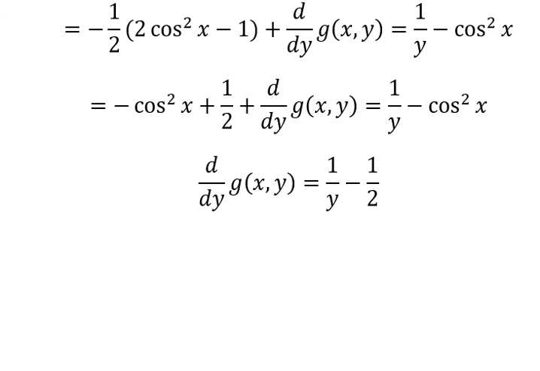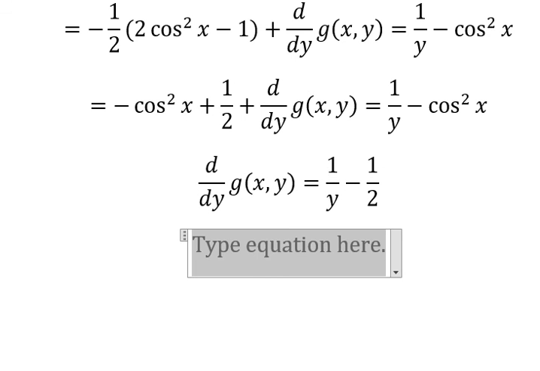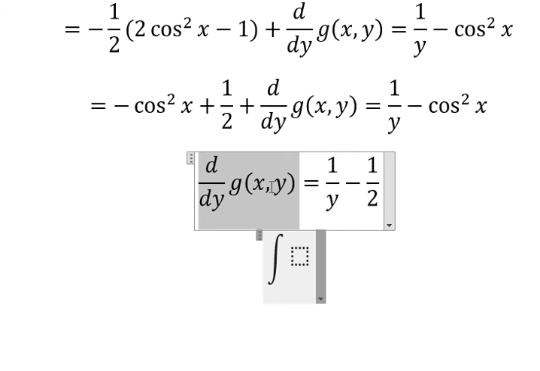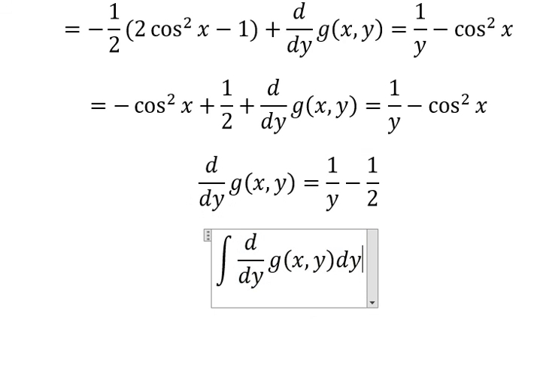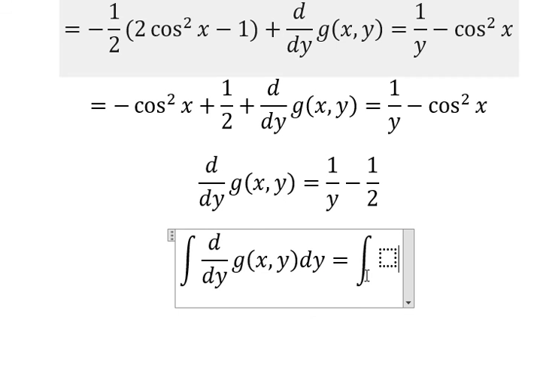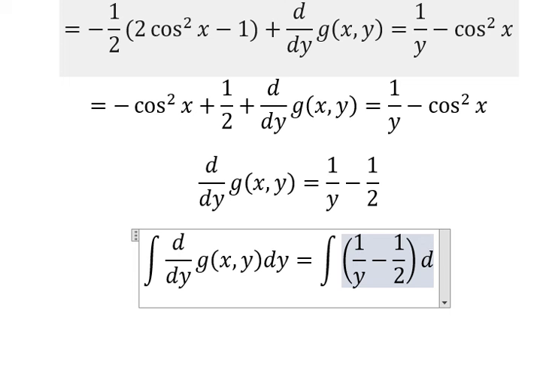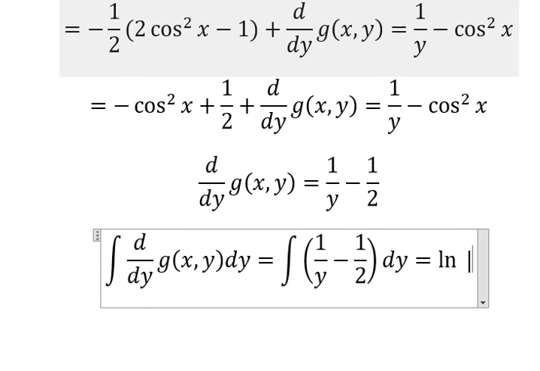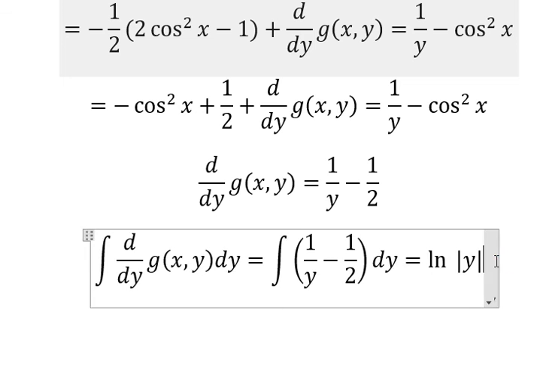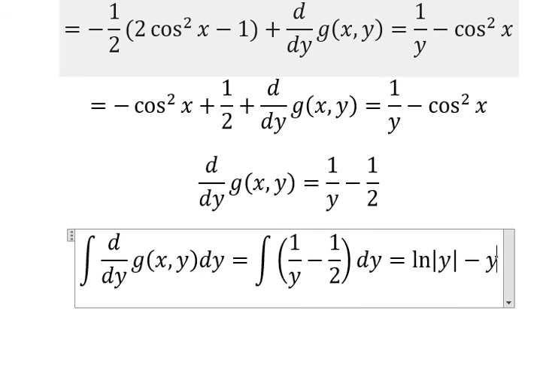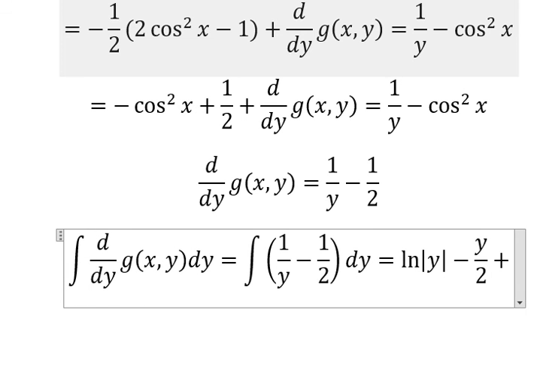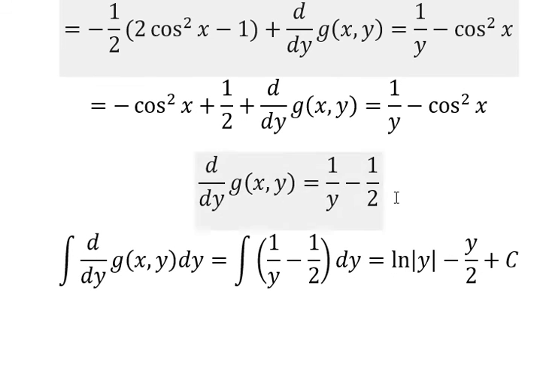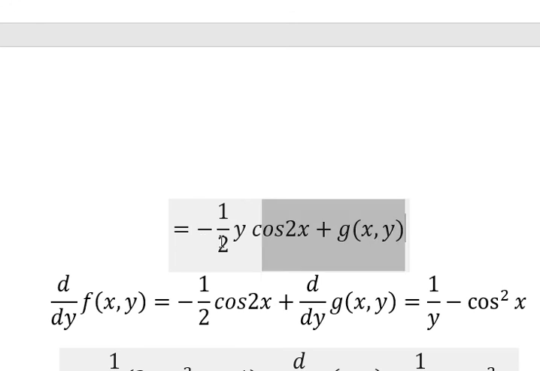Next, we put the integration for both sides. So the integration of 1 over y, we have ln of the absolute value of y, 1 over 2, we have y over 2, and I will put c. Now we go back in here.